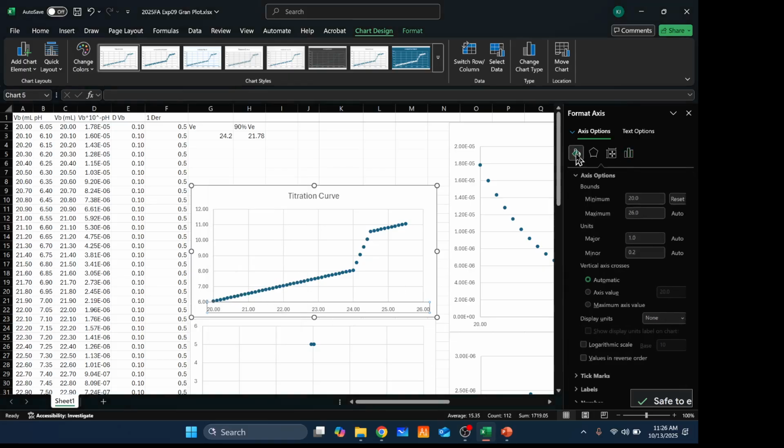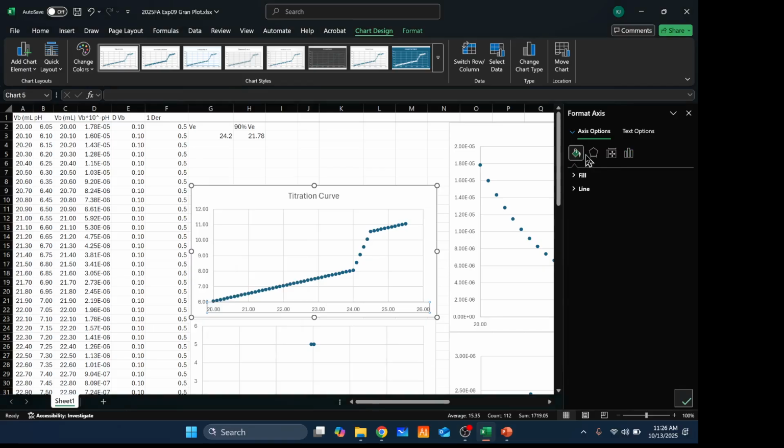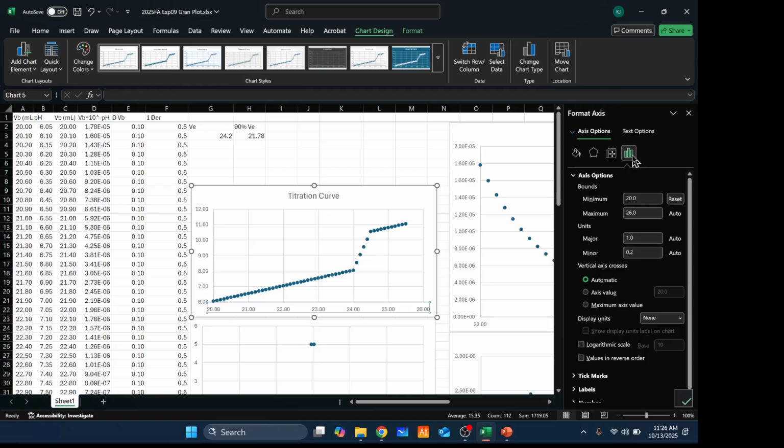This will open here. Usually it opens on one of these. And then you come over here to the chart. And see how I can change my minimum here? So I zoomed my minimum in on where my data actually starts getting taken. Okay. If you do the 0, you have a lot of trouble seeing it. Okay, is that making sense so far?